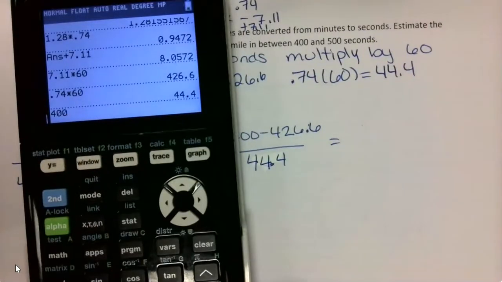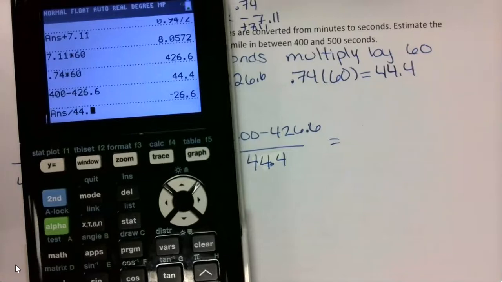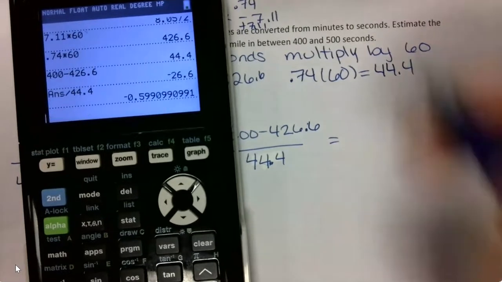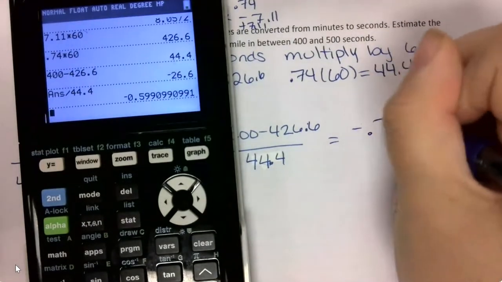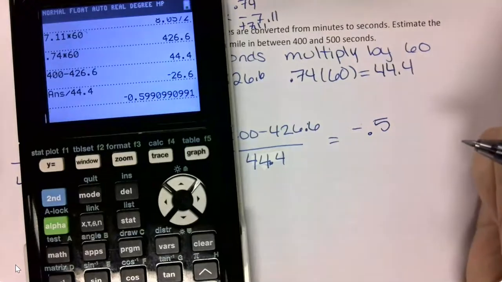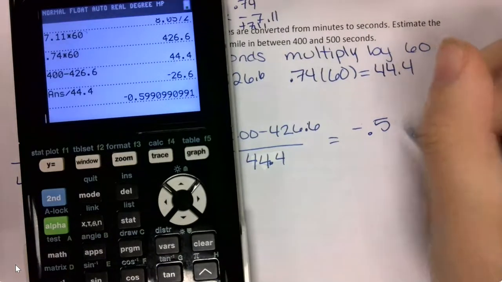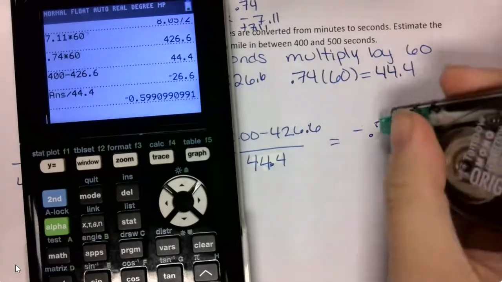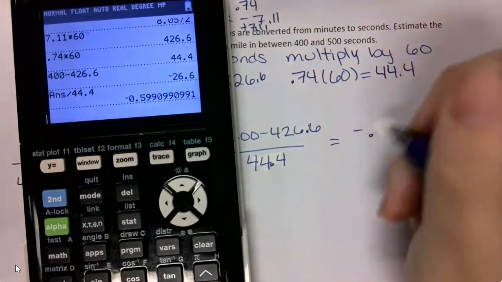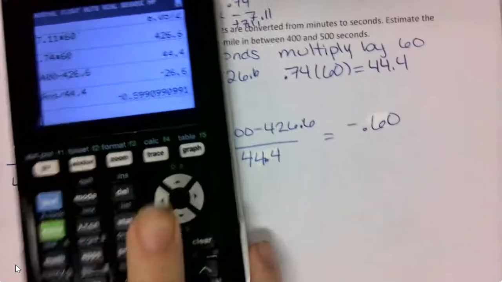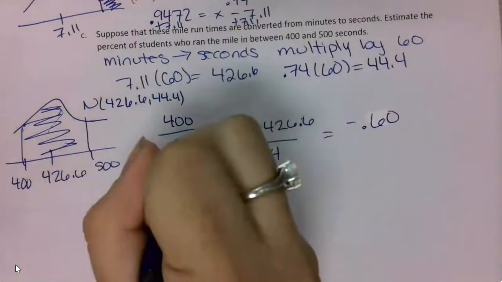Which is going to give me negative 0.60. Then I'm going to do the same thing for my 500.